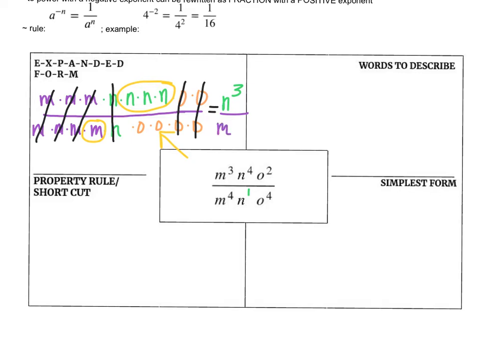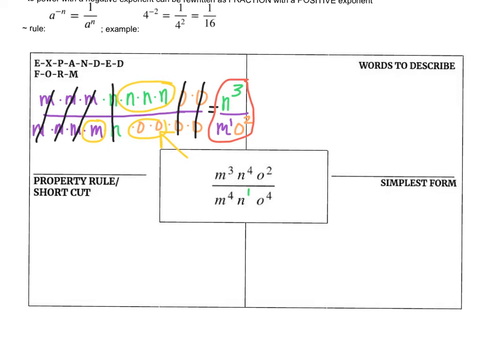So m, plain old m, or we could say m to the first power. And then how many o's do we have? We're left with 2 o's. So o to the second power. So that would be the final answer. Simplified.